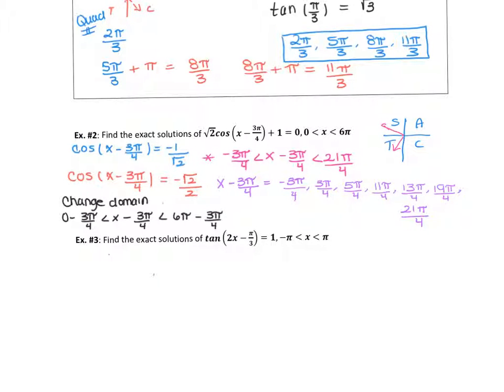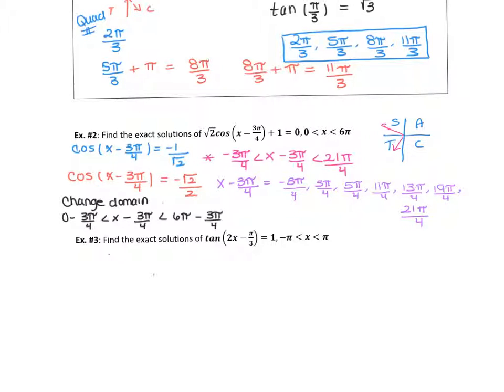All right, so when you do this initially, you're just thinking of all of the places where you have a cosine of a radian degree that gives you negative square root of 2 over 2. The first thing I thought of was not actually this negative 3 pi over 4, it was a positive 3 pi over 4 and 5 pi over 4.